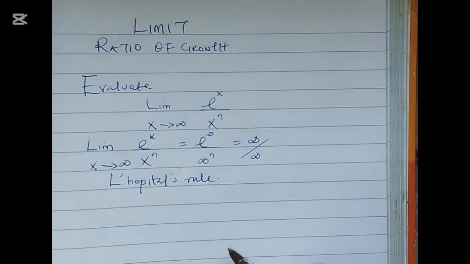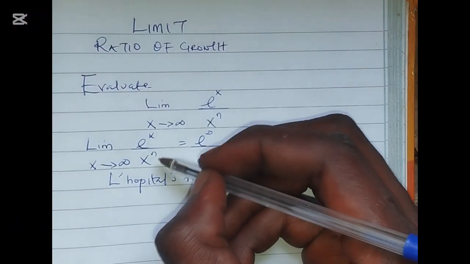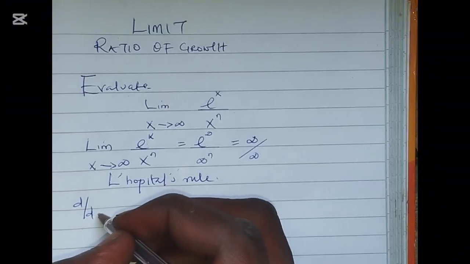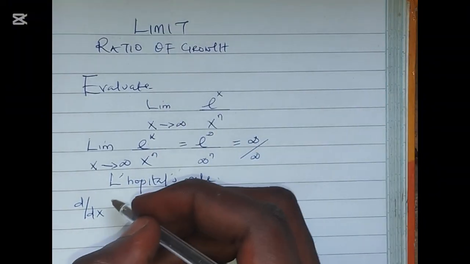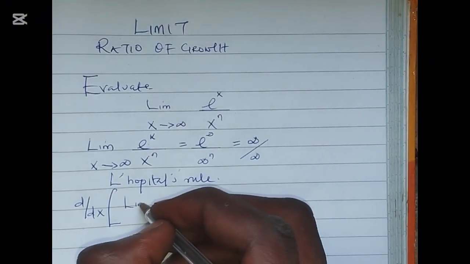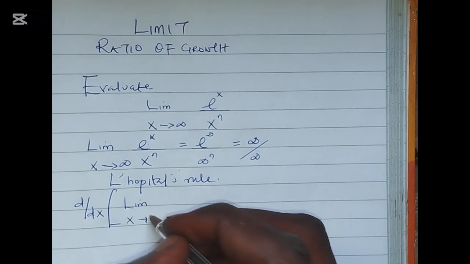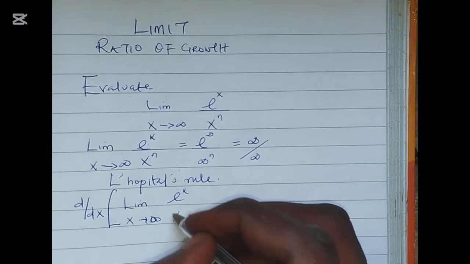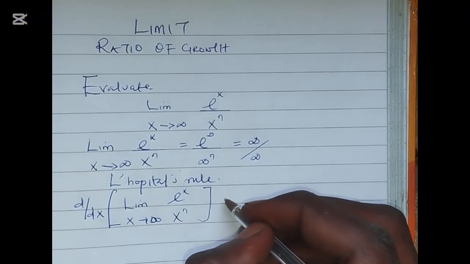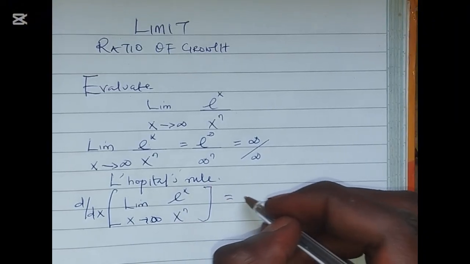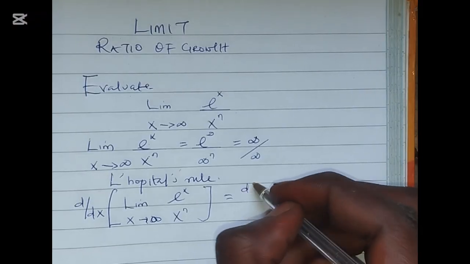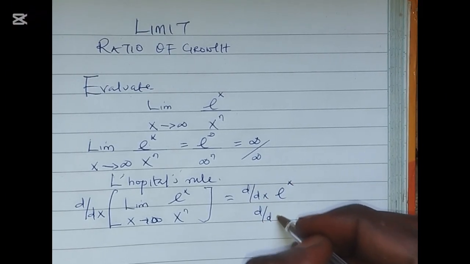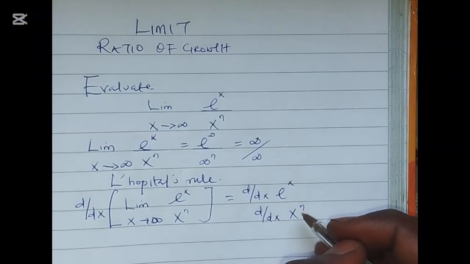that rule says that we should apply the derivative to each component part of this function. That is, d/dx, where x is the variable we have in the limit as x tends to infinity, of e to the x over x^n is equal to d/dx of e to the x all over d/dx of x^n.